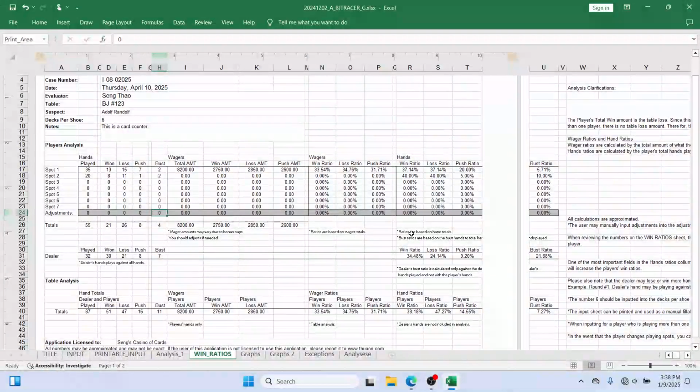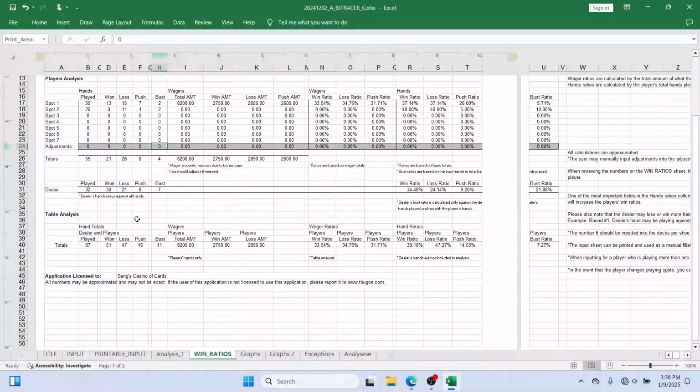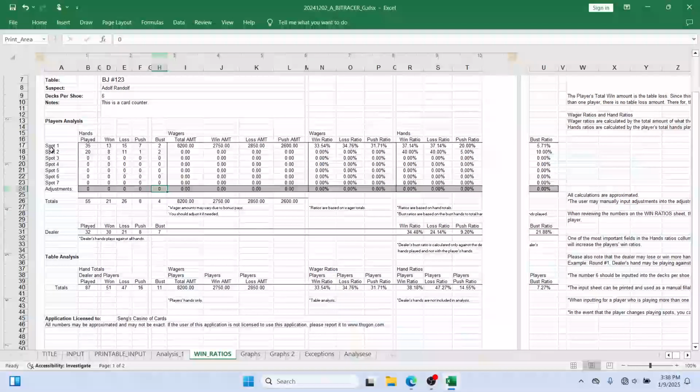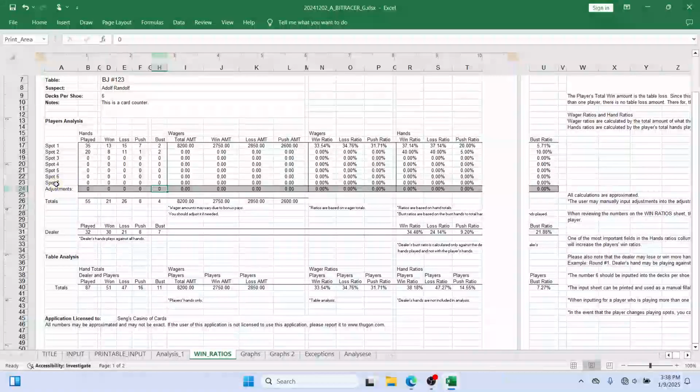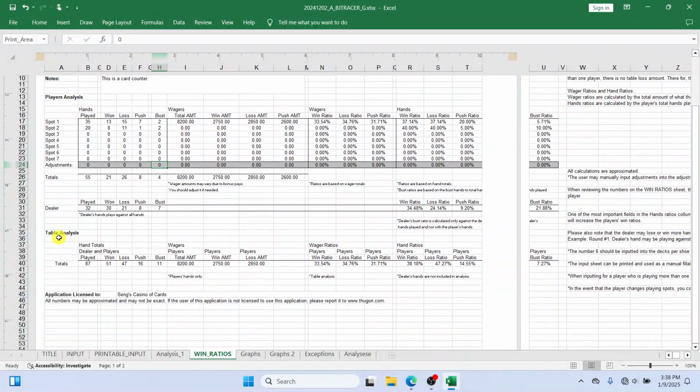That's one of the reasons this software was developed, because it automatically does all of these calculations for you based on your inputs. It evaluates all 7 spots and gives you all the percentages here, so you can look at that and make a determination on why this person is winning.